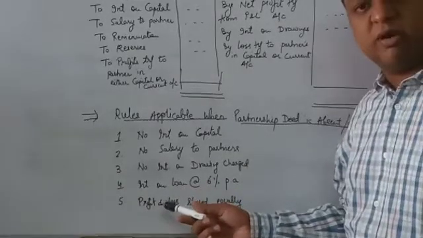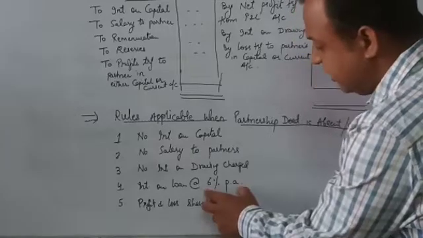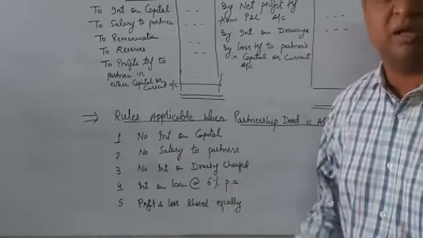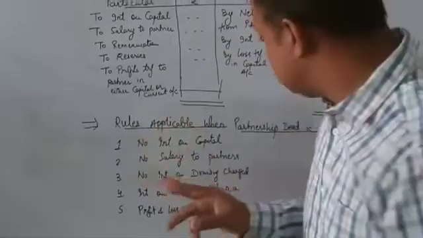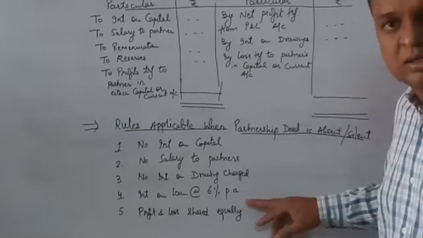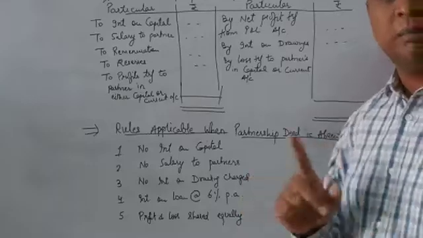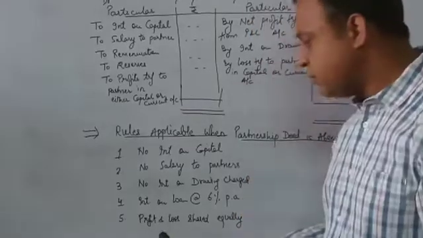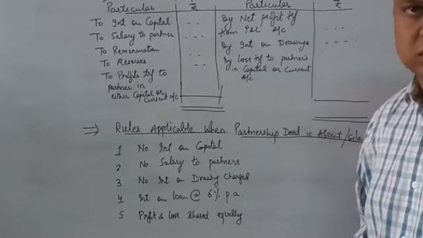If partner has given loan to the firm, the partner is entitled to receive interest at the rate of 6% per annum irrespective of whatever rate is defined. Because deed is absent, minimum 6% will be given to the partners as rate of interest on loan given by the partner. And the last one is profits and loss will be shared equally among the partners.